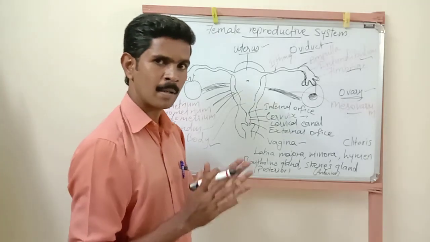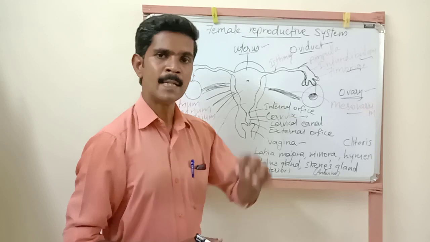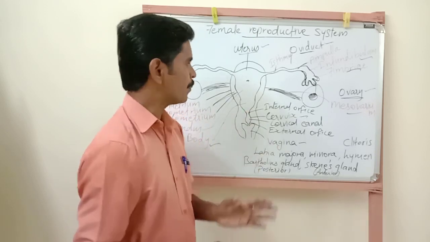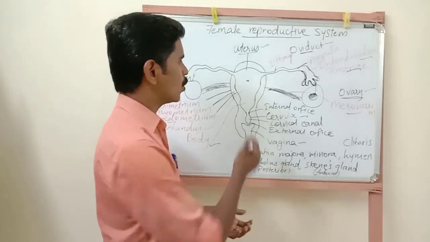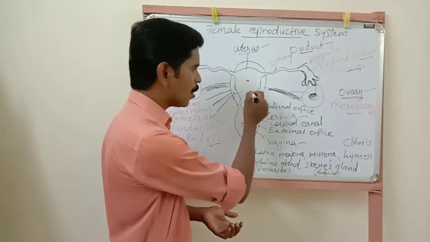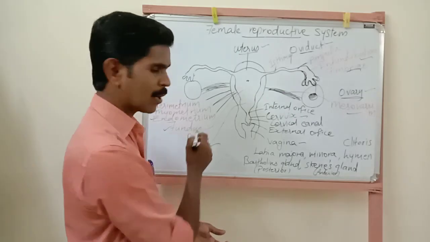Once again, let me repeat all the points about the uterus. Uterus is a hollow, empty organ. It's a muscular organ, fully made up of muscles. The shape of the uterus is an inverted pear shape, and the inner side of the uterus has two regions. The main region is called the body. Above this body region, one more region is there, called fundus.